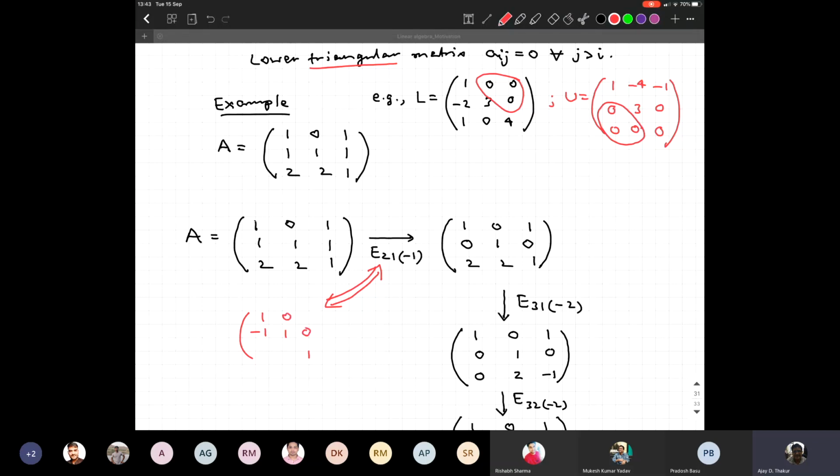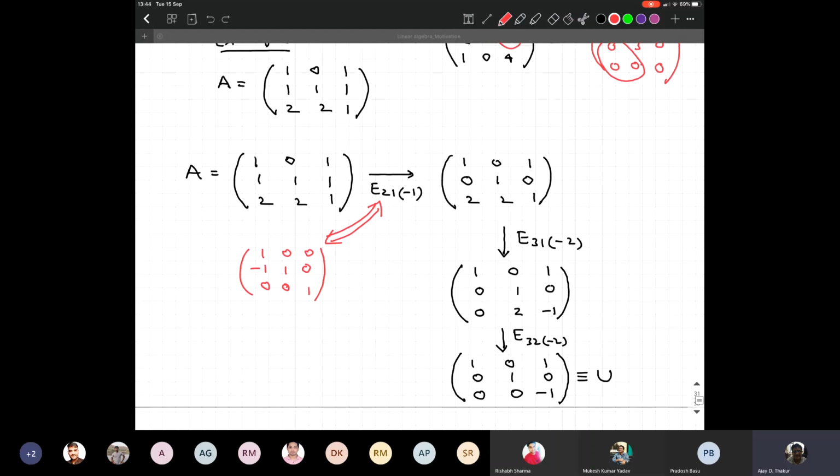The rest, every element is going to be 0 here. You can check for yourself that if you apply this matrix written in red to A, you will get whatever is this one.